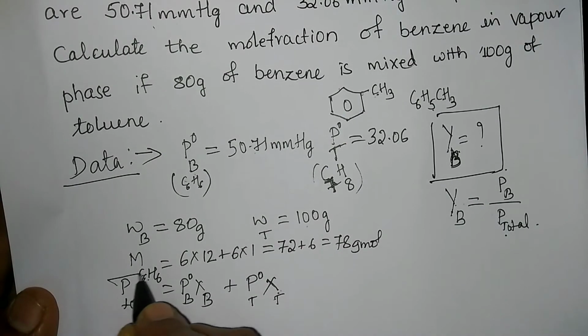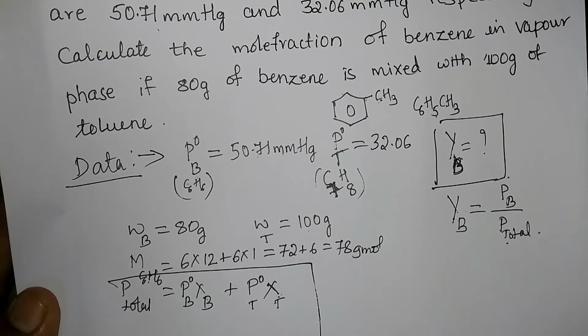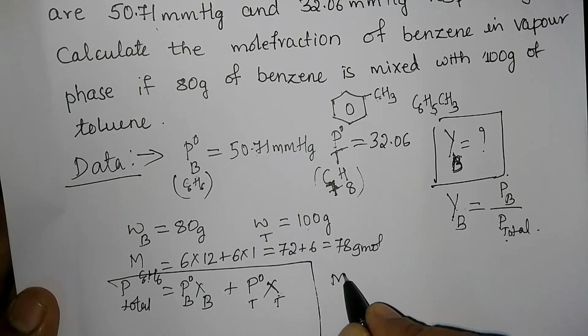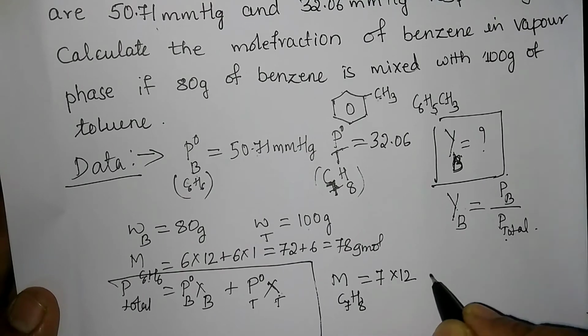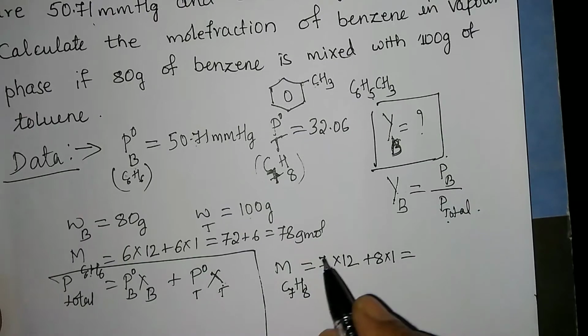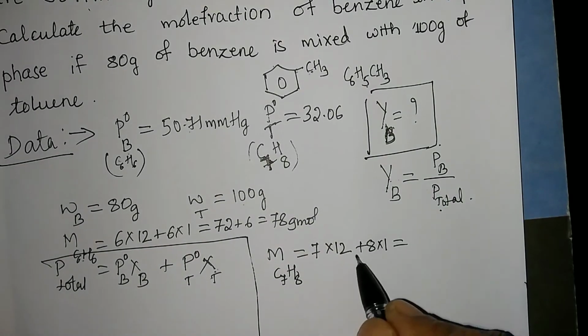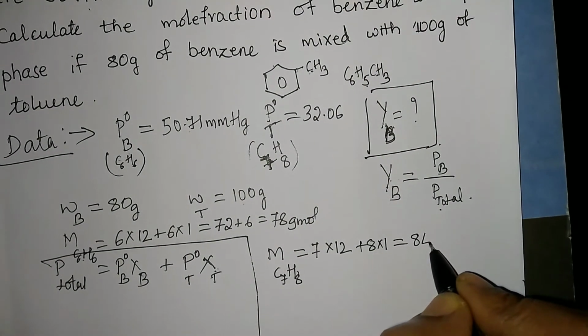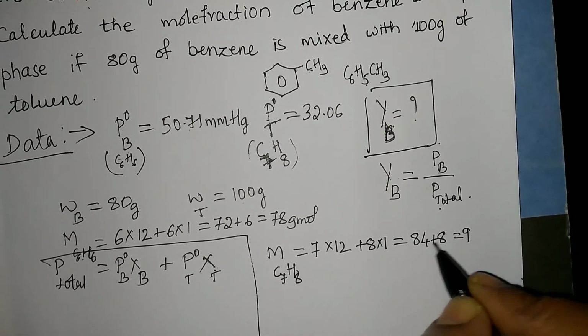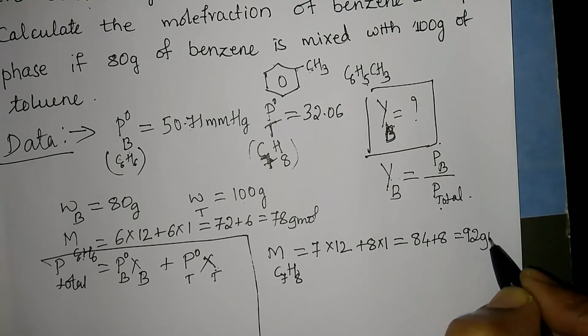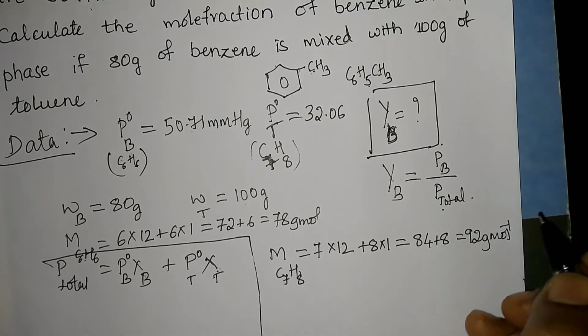In the same way, we calculate the molar mass of toluene C7H8. 7 carbon atoms each with mass 12 plus 8 hydrogen each with mass 1, that is 7 twelves are 84 plus 8. So it comes to 92 gram per mole.